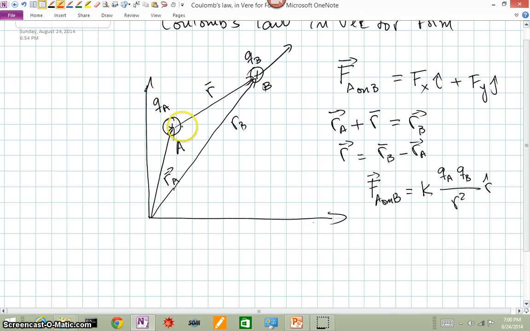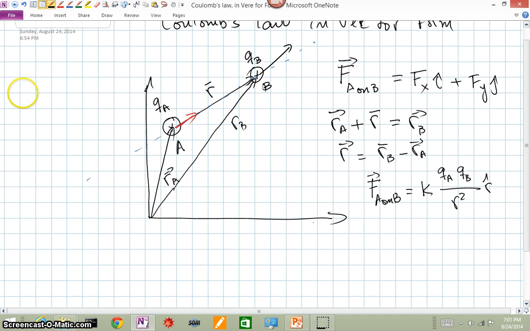What that means is I need to find a unit vector that points in this direction so I can get the direction of my force, because the force is applied along this line.